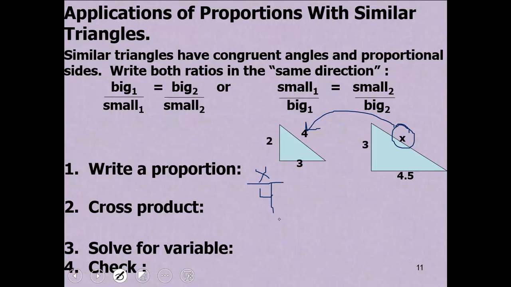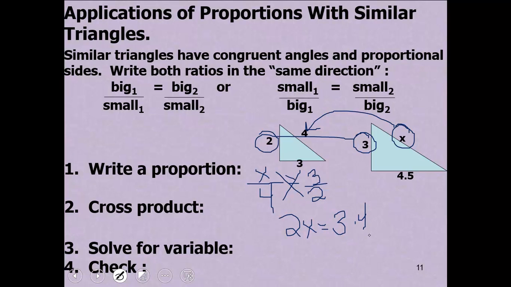I'm going to use this 3, and it corresponds with this 2 right here. So it's 3 over 2. So I'm going to cross multiply, and I get 2x is equal to 3 times 4. 2x is equal to 12. X is equal to 6. And then 6 over 4, if you reduce that, you get 3/2, and it works.